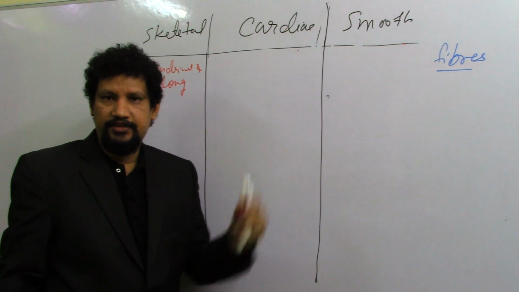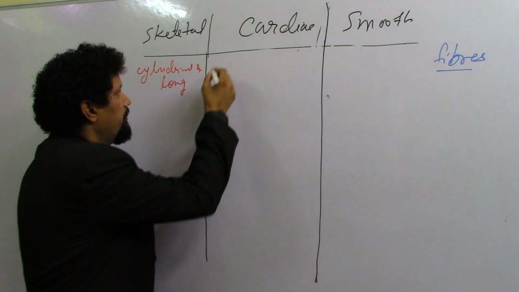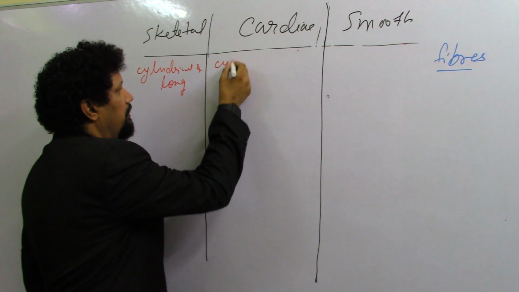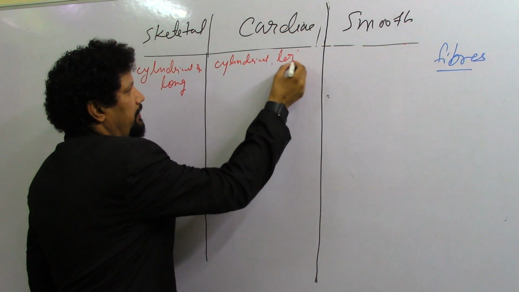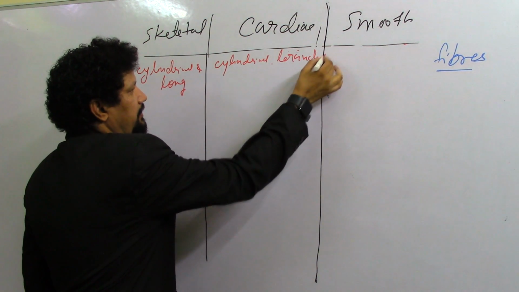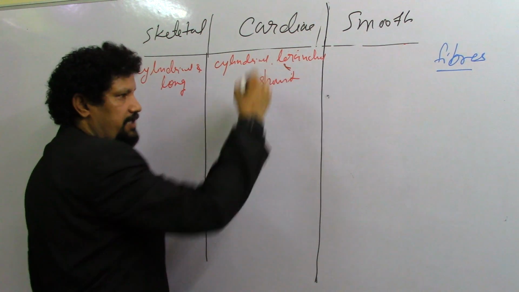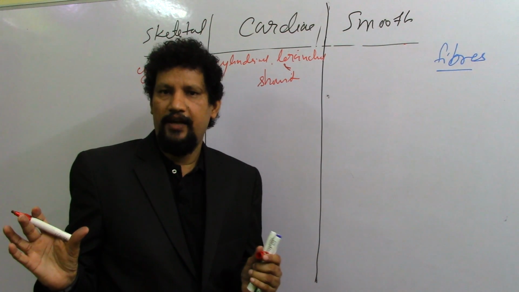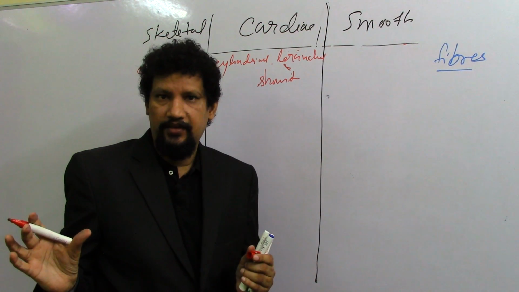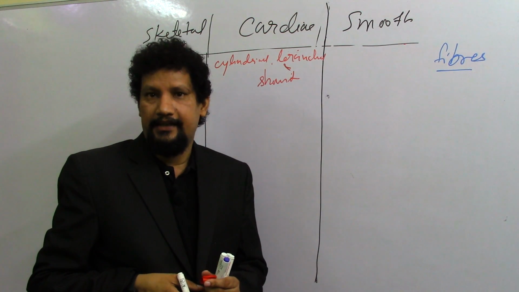Here the fibers are cylindrical and branched and short. These are having the intercalated disc where two cylindrical fibers are meeting, known as intercalated disc.